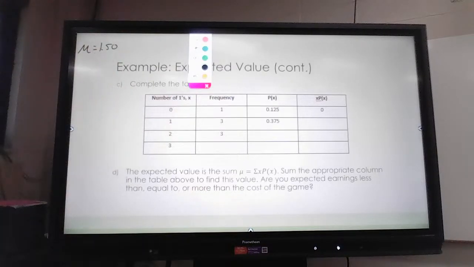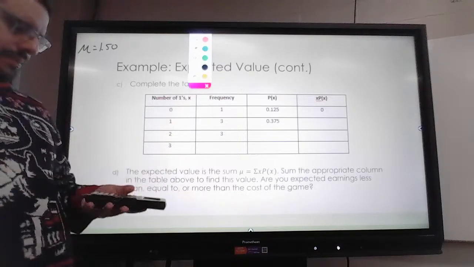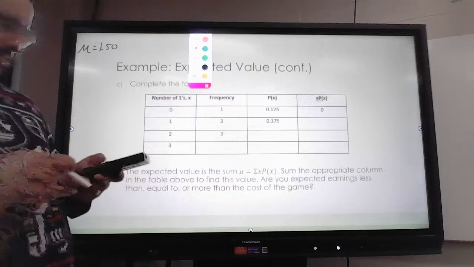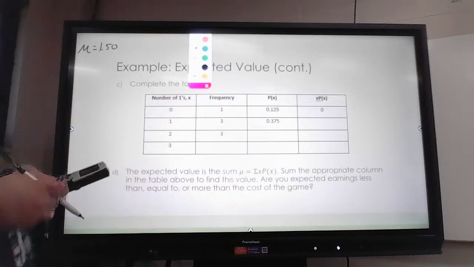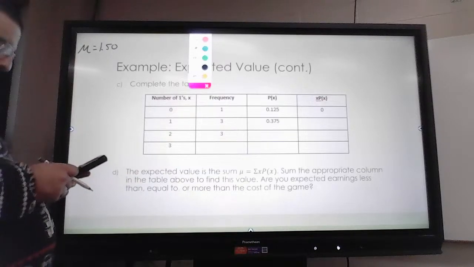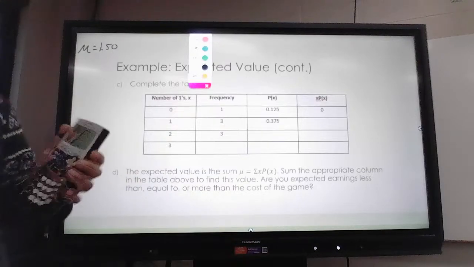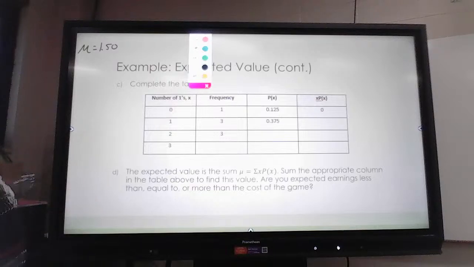In my calculator, in the y equals portion, I'm going to type in x minus 150, because that was the mean. And I'm also going to do x minus 150 squared. If you wanted to save yourself some time, you only need that second part, x minus 150 squared.